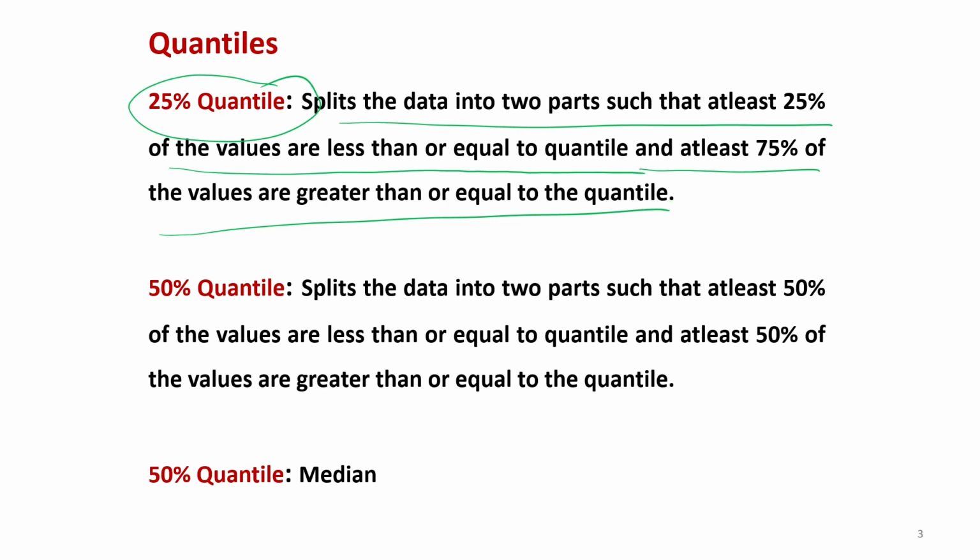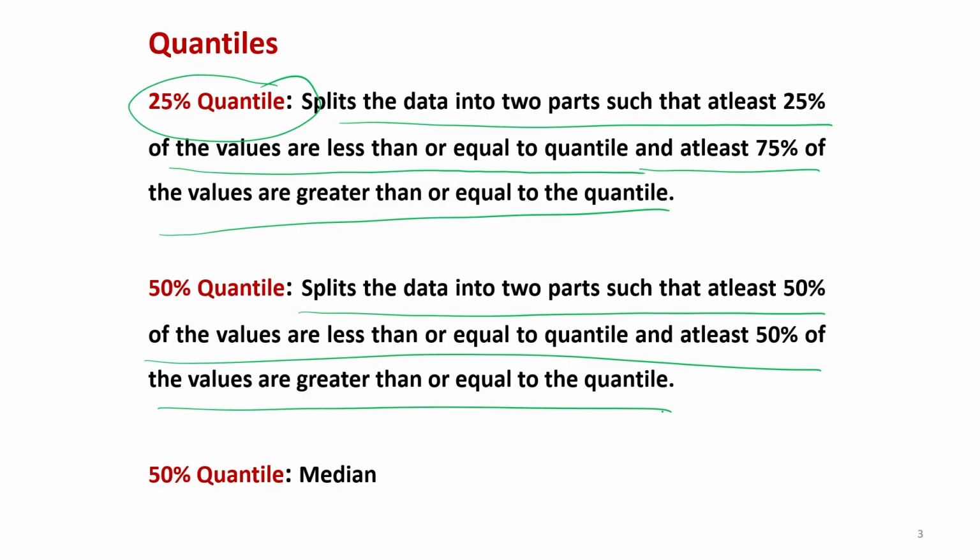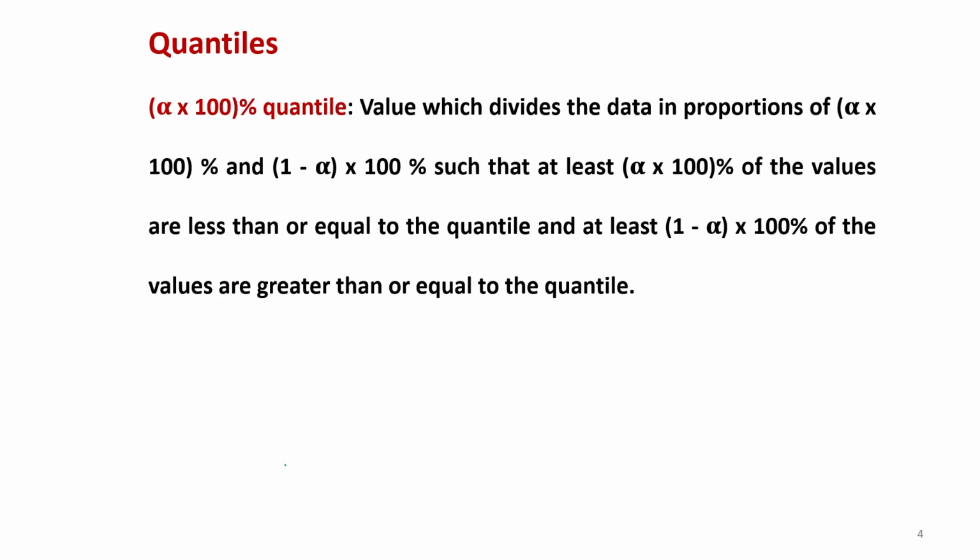Similarly, if I split the data into two parts such that at least 50% of the values are less than or equal to the quantile and at least 50% of the values are greater than or equal to the quantile, then this is called the 50% quantile. And you have seen in the last lecture that we call this 50% quantile the median, right?